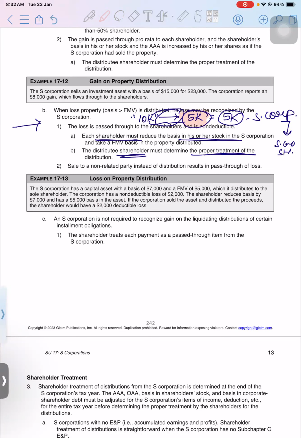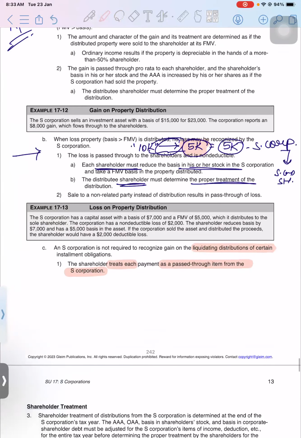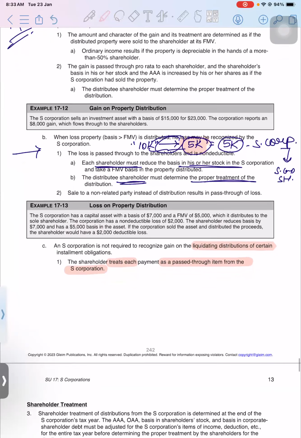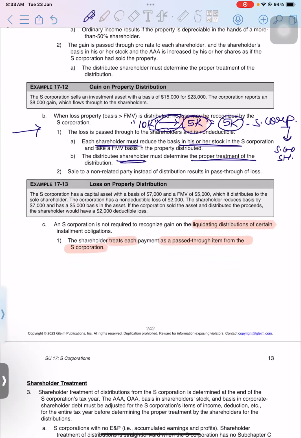If there is a liquidating distribution of certain installment obligations, the shareholder treats each payment as a pass-through item from the S Corporation. So you are not going to make it taxable, but each payment is considered a pass-through item from the S Corporation. Each payment from the S Corporation will be considered as paid by the shareholder, pass-through.